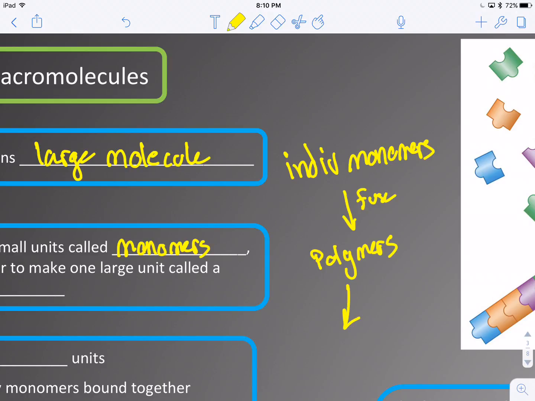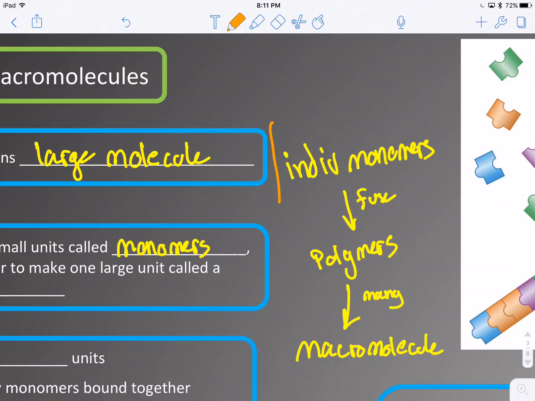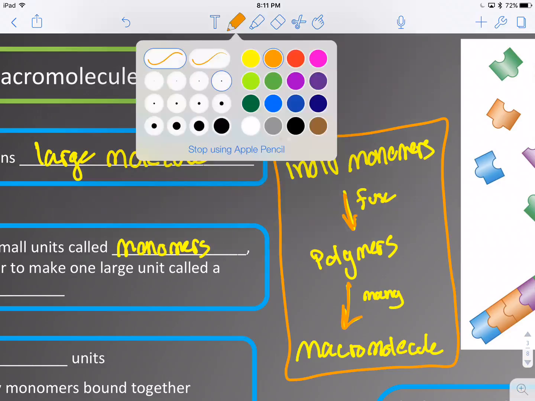And many polymers make up a macromolecule. This is pretty much the basic dynamic that you guys should understand, is that you have monomers, which then become polymers, which then, many of these are what's considered to be a macromolecule.